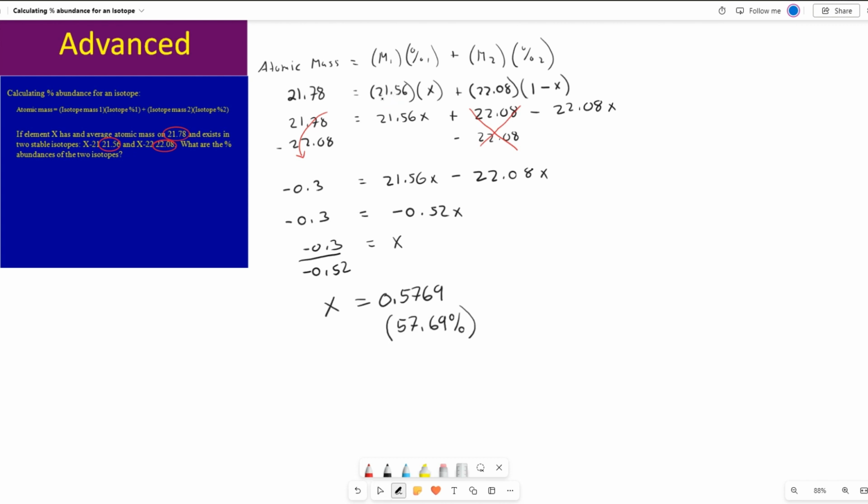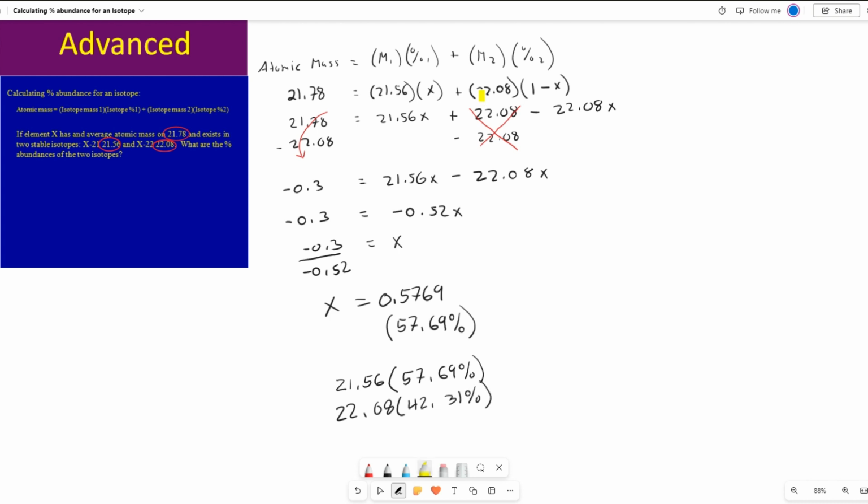So the isotope of 21.56 has a percentage of 57.69%. And our second isotope, the isotope that was 22.08, well, if we take 1 minus 0.5769, you end up with 0.4231, so its percentage would be 42.31%.